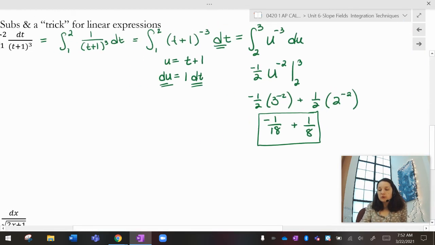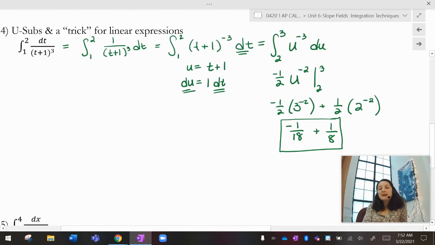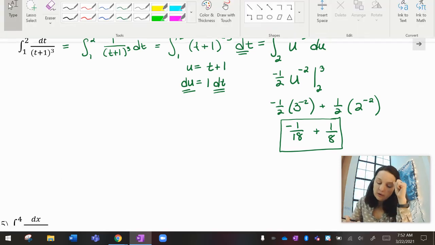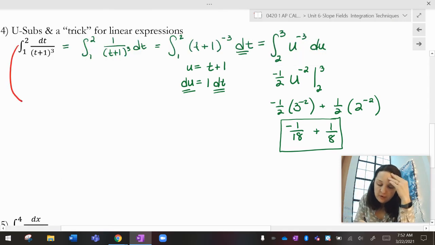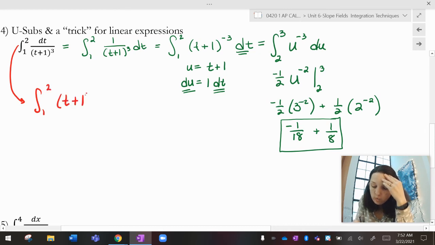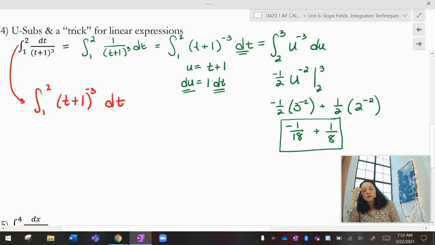Now, if you look at the header here, it said U-subs and a trick for linear expressions. I'm going to do this one another way using a kind of a trick. If you have a linear, and only if you have a linear expression, like t plus 1 to the negative 3 dt, you can do a backwards chain rule.